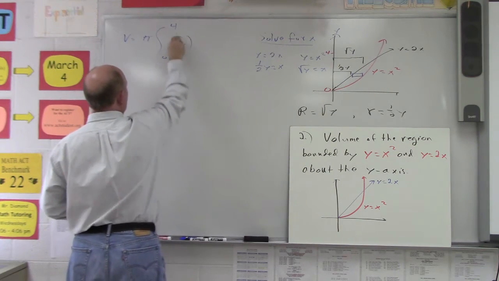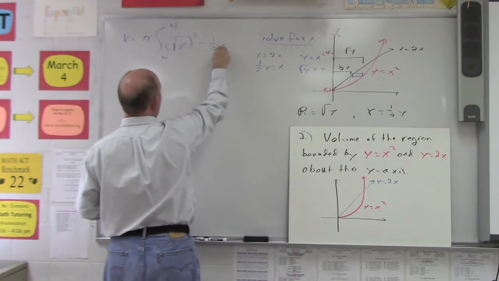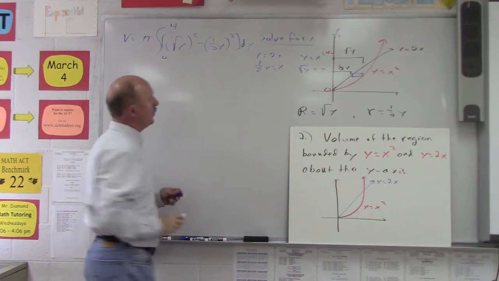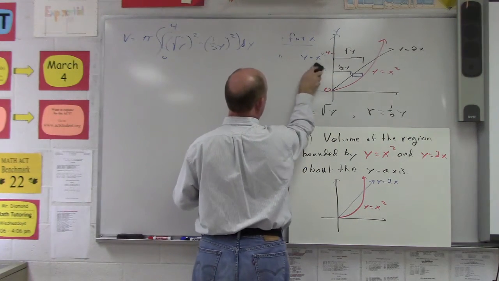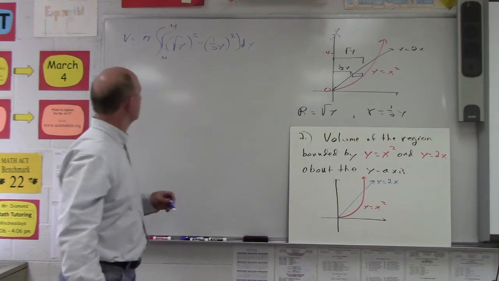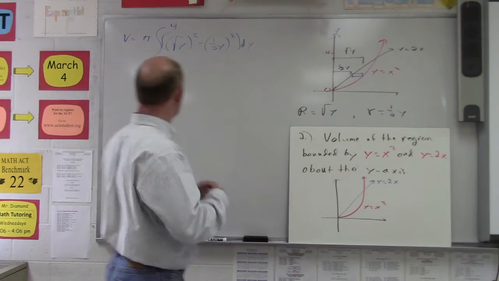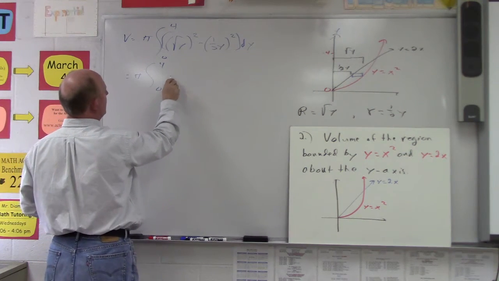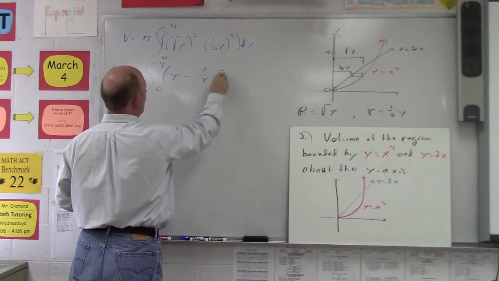The square root of y squared minus 1/2 y squared, dy. Now let's see if we can simplify our integral a little bit. This becomes pi integral 0 to 4, as you square it becomes y minus 1/4 y squared dy.